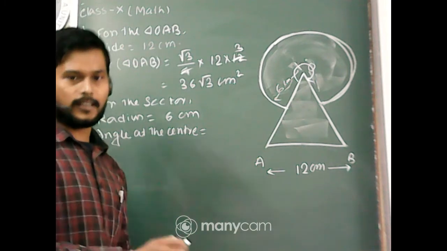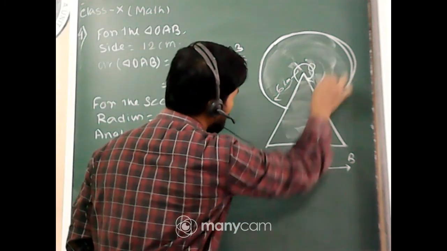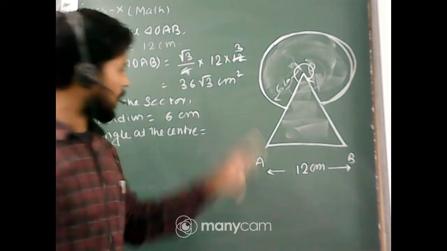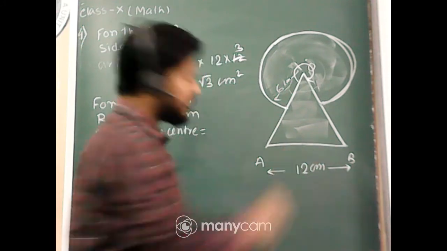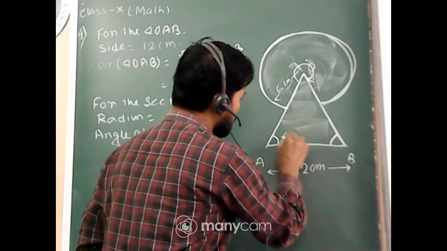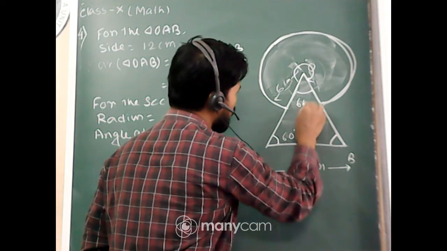Yes, very good, Somadev. It is 300 degree. Now look, we know that the total angle is 360 degree. And as OAB is an equilateral triangle, means all of its angles are 60 degree. This angle 60 degree, this angle 60 degree, and this angle is also 60 degree.